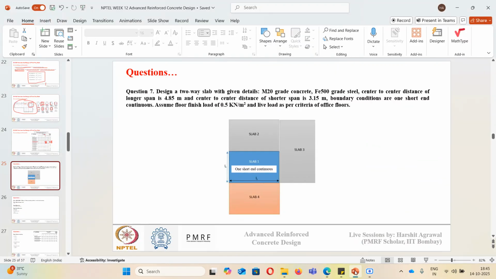So can anyone tell me how they will proceed with this question? What will be the steps of design?